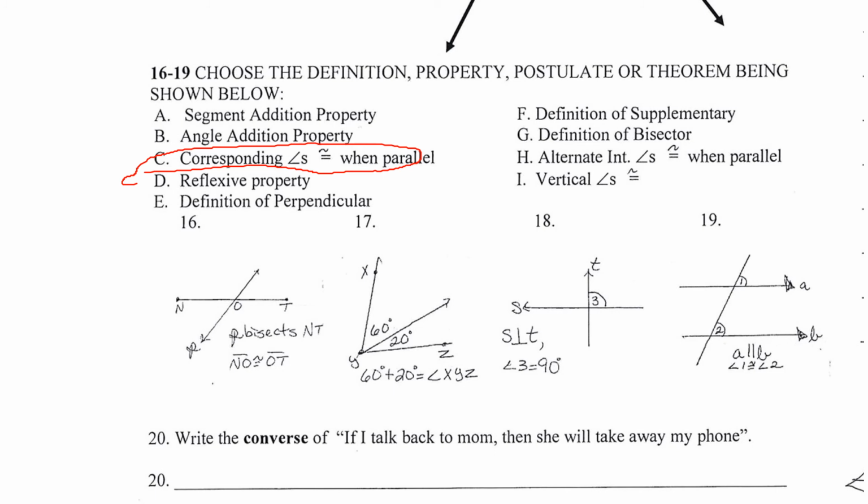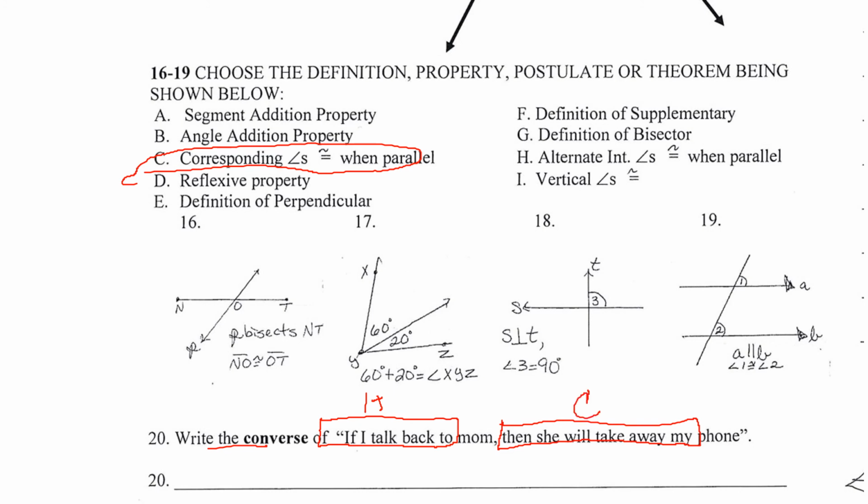All right, then I've got one I threw in there, and I hope you watched the video. If not, go back and watch it about converse. How do you write the converse? You switch the hypothesis, which comes after the if, with the conclusion that comes after the word then. You don't switch the if and the then, you switch everything else.